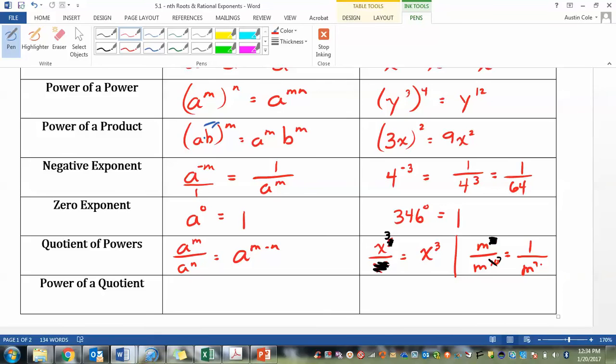Last one is called the power of a quotient. Meaning, if I have, let's say, a over b to the m power. If I have a fraction to an exponent, that exponent is talking to the numerator and that exponent is talking to the denominator, so it would be a to the m divided by b to the m.